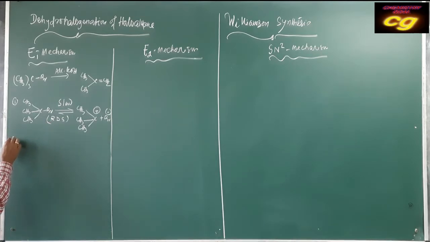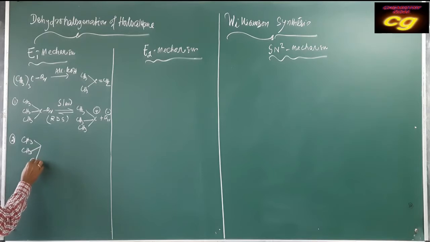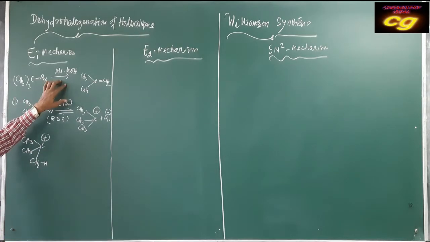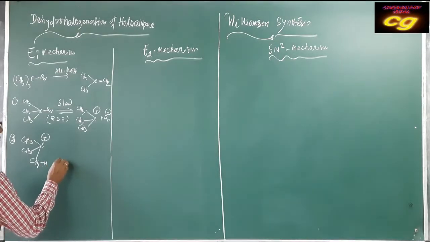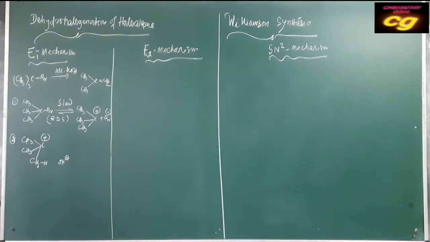In the second step, what happens? This carbocation is attacked by a base. A strong base we can use: potassium hydroxide, sodium hydroxide, a base having OH minus.